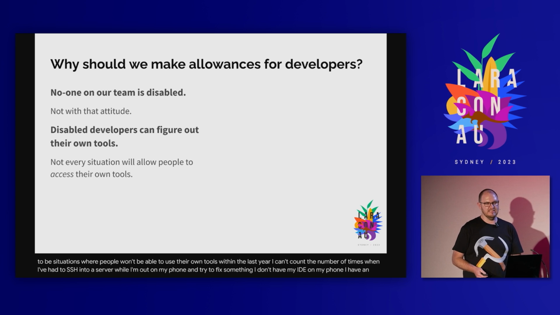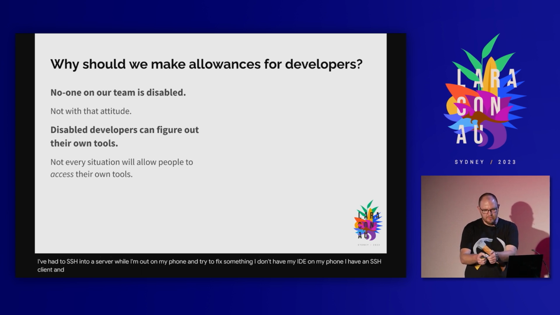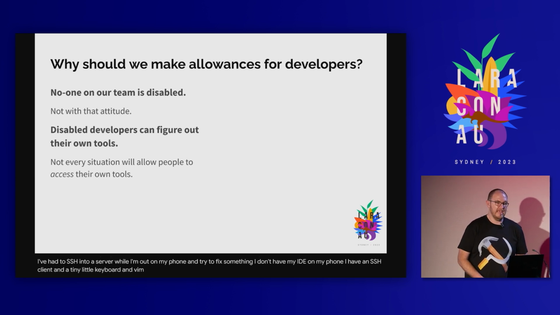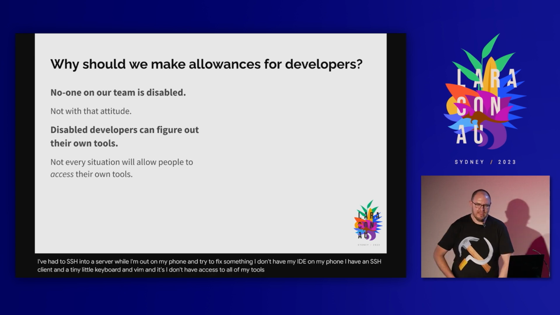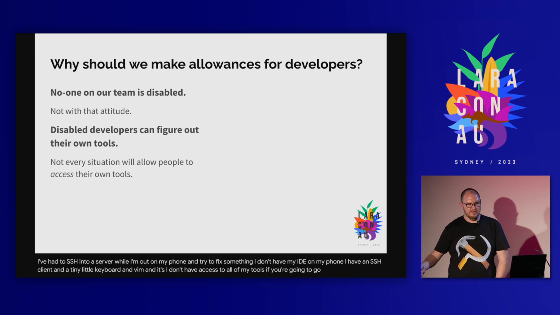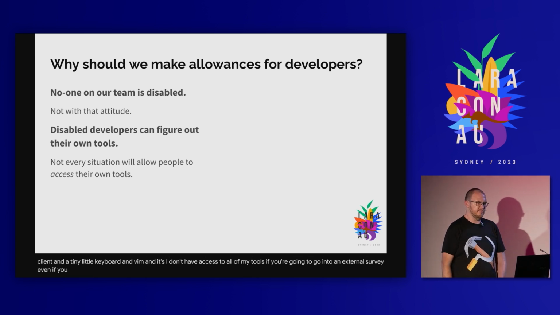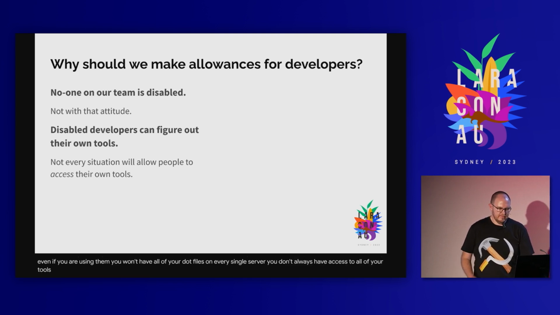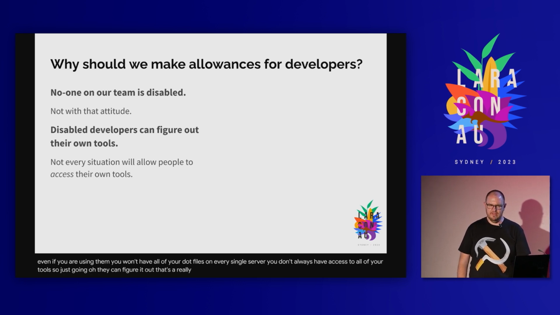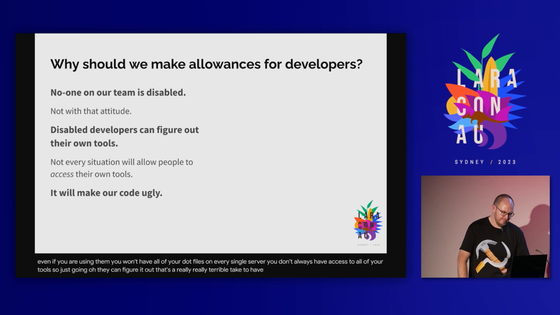I have an SSH client and a tiny little keyboard and Vim, and I don't have access to all of my tools. If you've got to go into an external server, even if you're using Vim, you won't have all of your doc files on every single server. You don't always have access to all of your tools. So just going, oh, they can figure it out, that's a really, really terrible take to have.